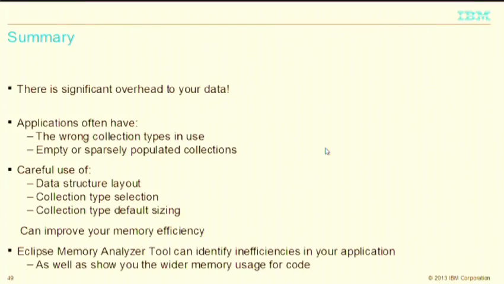They've got collections which are either empty or near empty. And by being careful about the structure that you choose, the collection that you choose, the size that it is, and actually caching where you can cache, you can improve your memory efficiency. And if you want to try and do that for your application, Memory Analyzer Tool is the thing I would recommend to do that with.